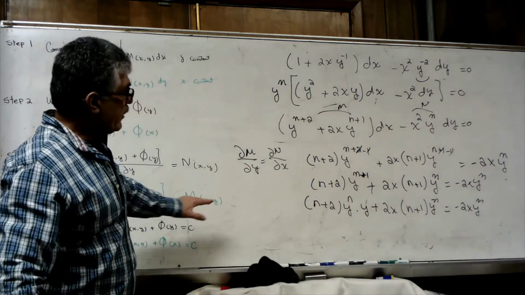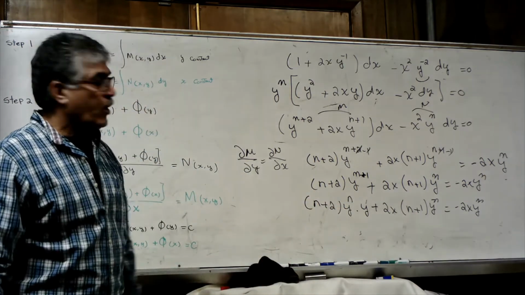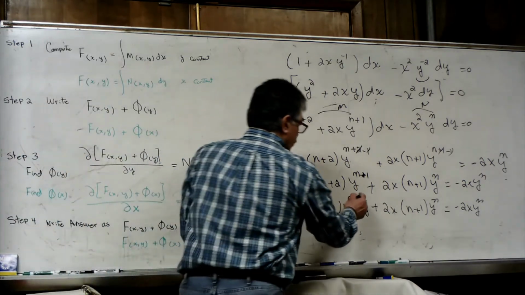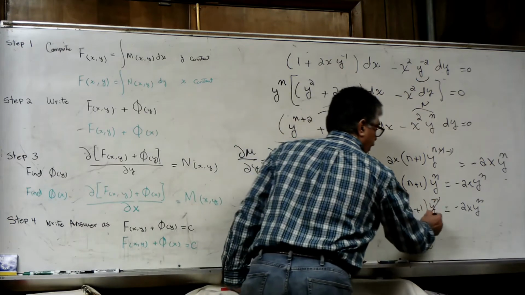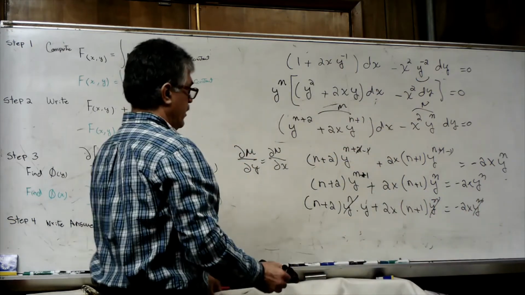So let's divide both sides of the equation by y to the power n. So y to the power n will cancel on both sides.